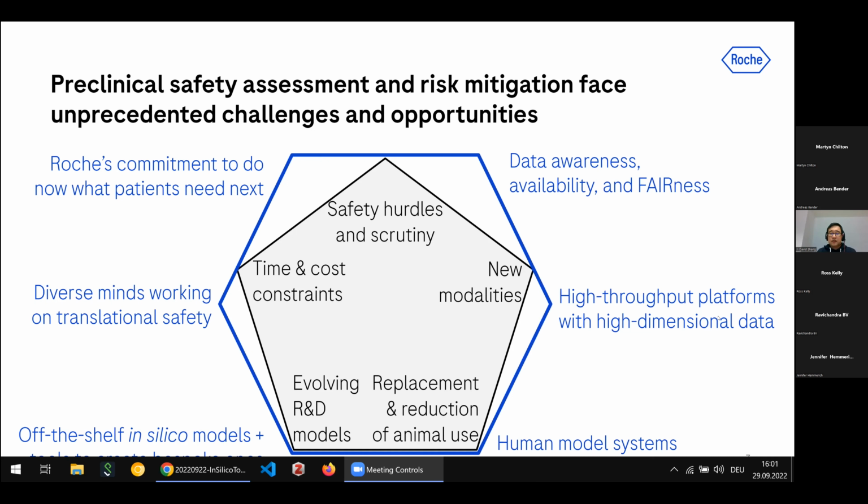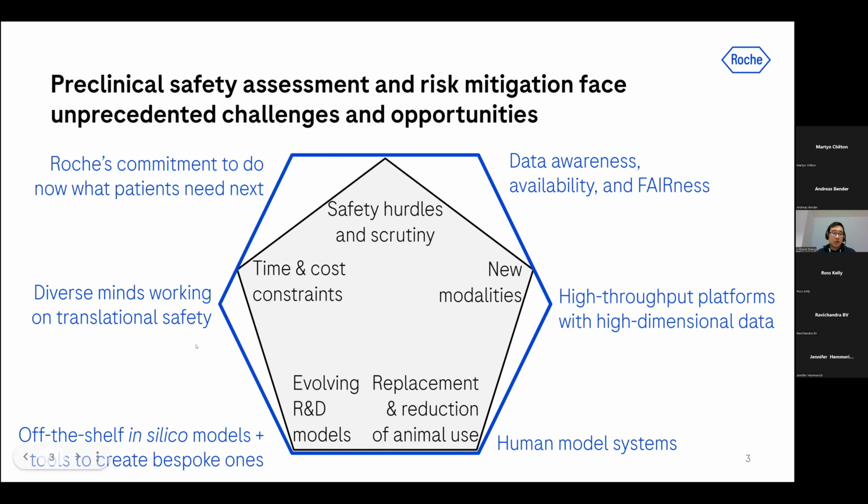We have, as other speakers talked about, high throughput platforms with high dimensional data. We have newer human model systems, from simplistic co-culture models to complicated ones like spheroids or even organ-on-a-chip models. We have off-the-shelf in silico models, as well as tools to create bespoke ones.